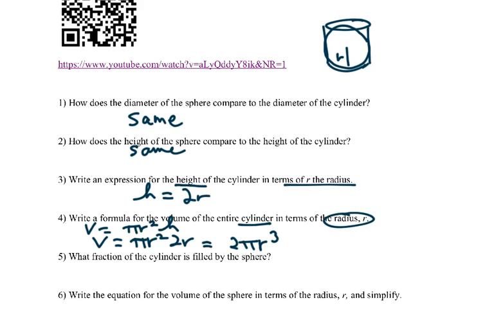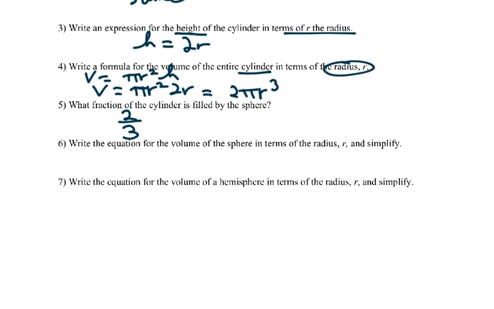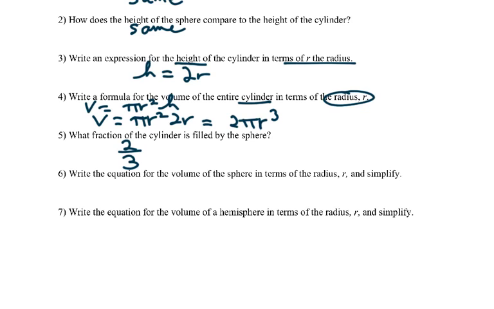What fraction of the cylinder is filled by the sphere? So this was from the video. So the fraction was 2/3. So now write the equation for the volume of the sphere. So it's 2/3 of the cylinder.